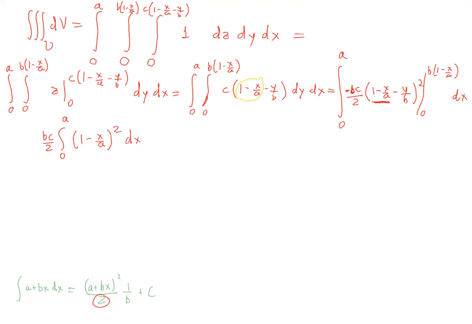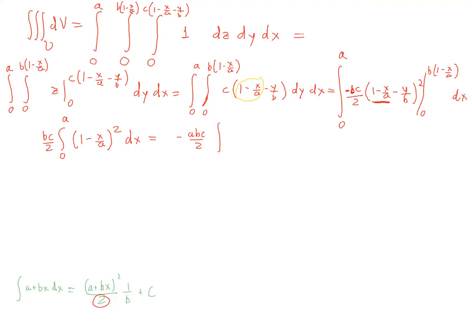And then finally, I can play the same thing here, which is, again, just a way to avoid the substitution. So I will get minus abc over 2. And what is the antiderivative now of u squared? It's u cubed over 3, right?